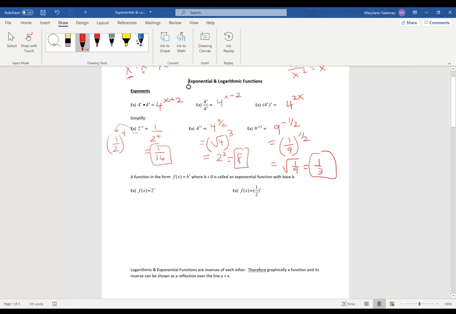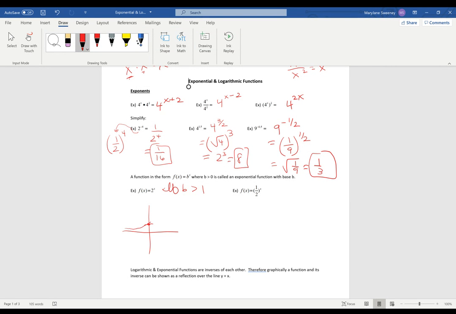A function in the form f of x equals b to the x, where b is greater than 0, is called an exponential function with base b. So 2 to the x, so in this scenario, we're going to look if b is greater than 1. So the base is greater than 1. It's a 2. So then our exponential function looks like this.